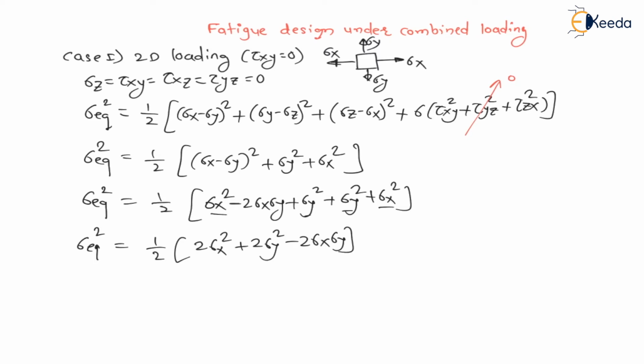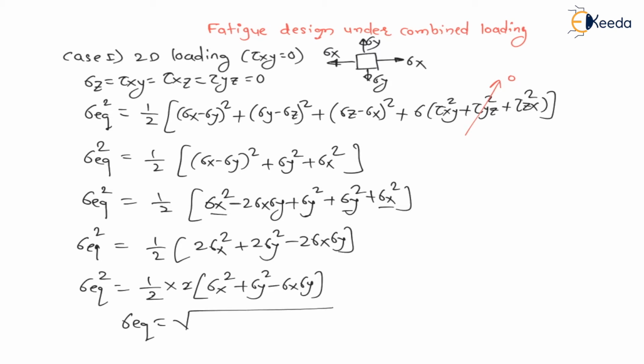Now if I take 2 common, sigma equivalent square is equal to 1 half into 2 in bracket sigma x square plus sigma y square minus sigma x sigma y. Therefore 2 will get cancelled and the equivalent stress will become under root of sigma x square plus sigma y square minus sigma x sigma y. This formula is very important, and this result we have already seen.